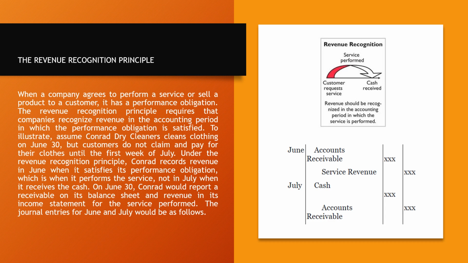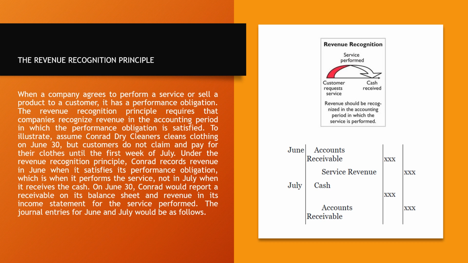Let's assume our company right here, Conrad Dry Cleaners, cleans clothing on June 30th, but the customer did not claim and pay for their clothes until the next week of July.